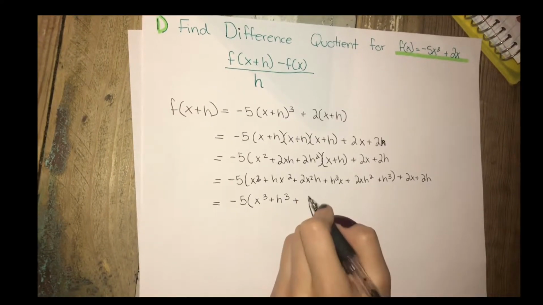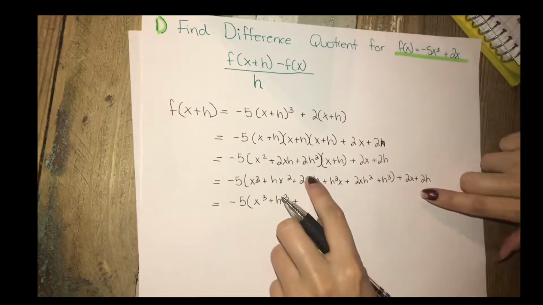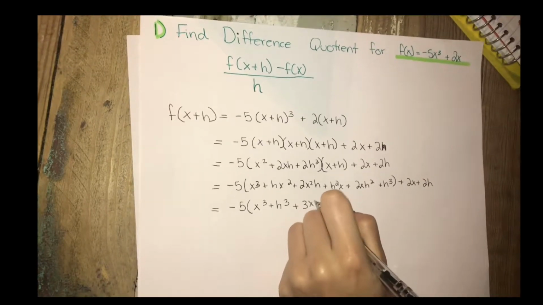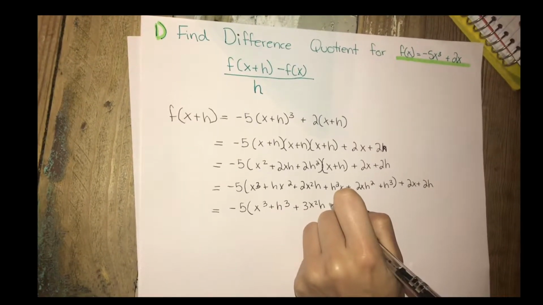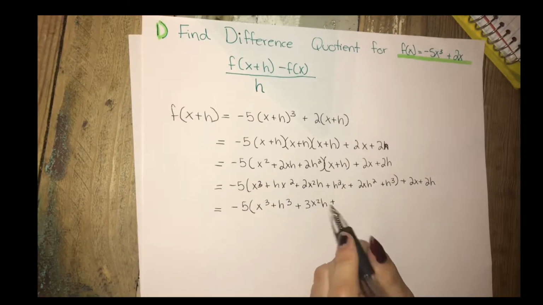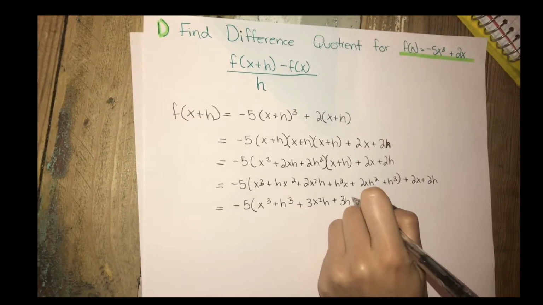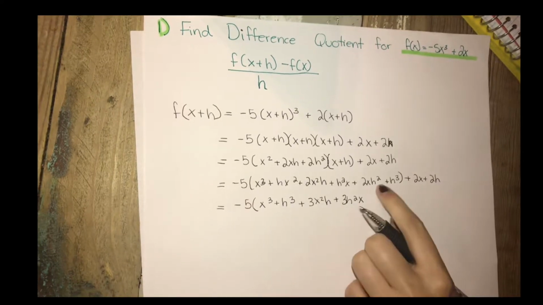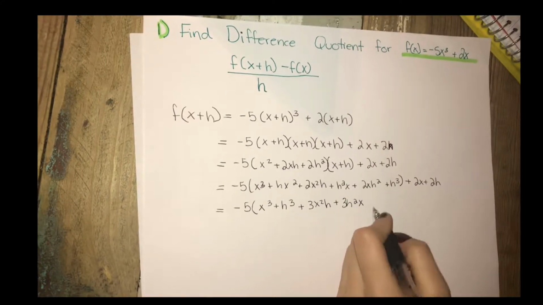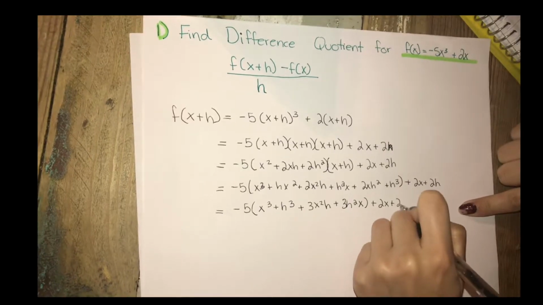Then you would combine the hx squared and the 2x squared h, and that would make 3x squared h plus, and then you would combine h squared x plus the 2xh squared, and that would make 3h squared x. You close the parentheses and you bring down the 2x plus 2h.